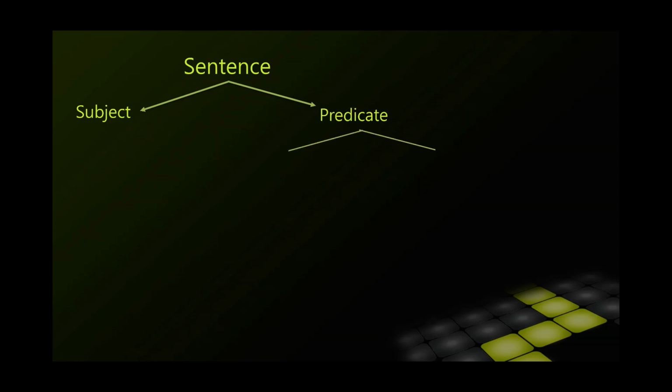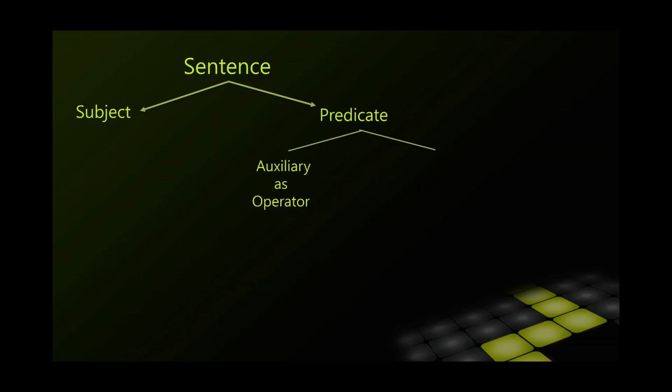Now, this brings us to analyzing sentences in terms of the function of their constituents. Consider this. According to function, sentences have to have subjects and they have to have predicates. The predicate could be made of more than one part.